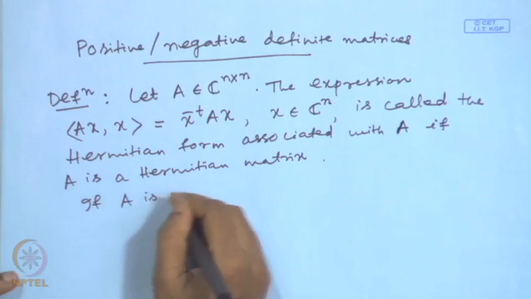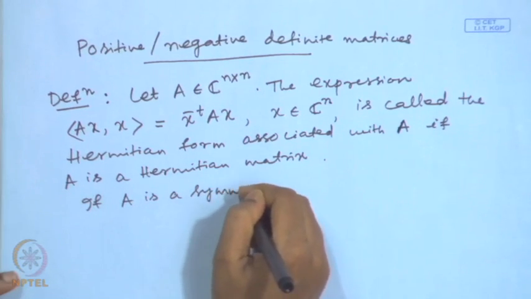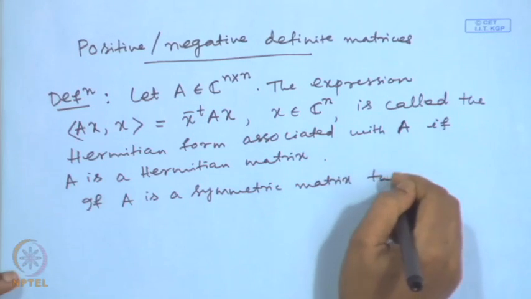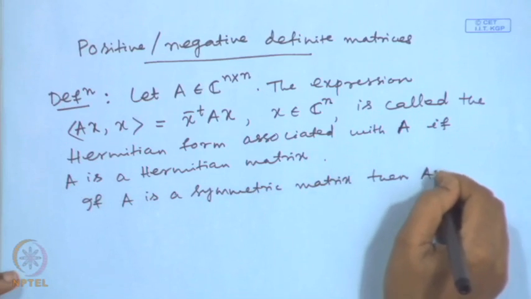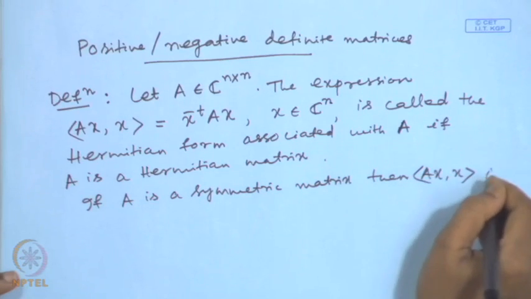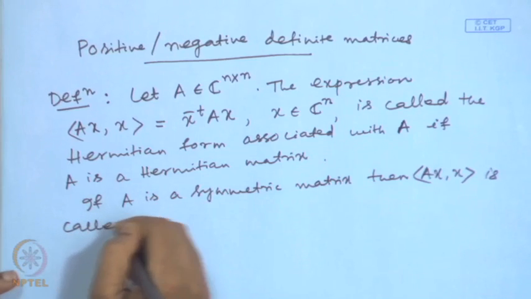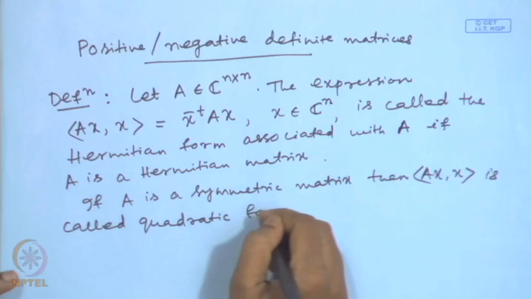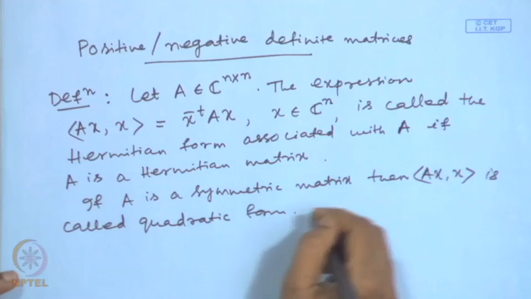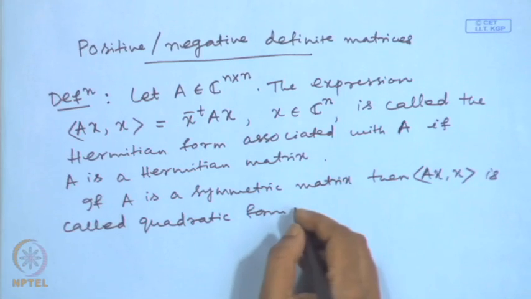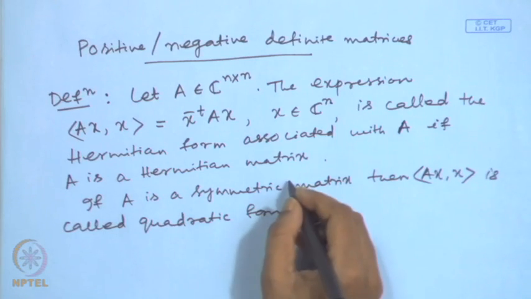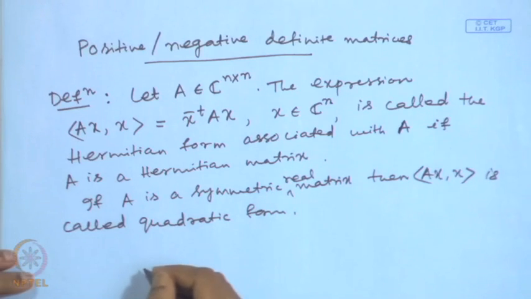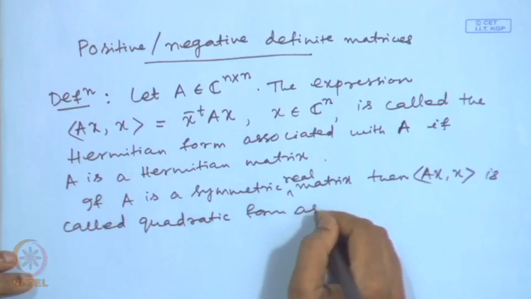If A is a symmetric matrix, symmetric real matrix in fact, then this inner product Ax, x is called the quadratic form associated with A.